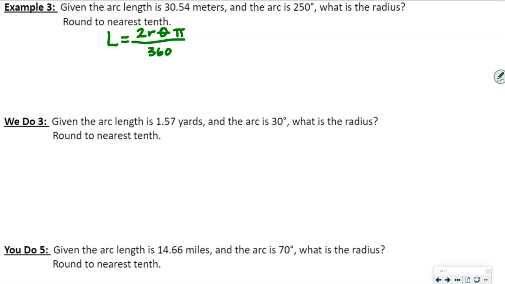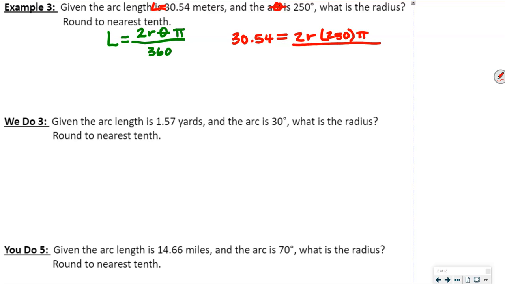So what we're going to do is substitute in what we got. This is our length, this is now theta, and we're looking for the radius, okay? So we've got 30.54 is equal to 2 times our radius times our 250 times our pi divided by our 360.